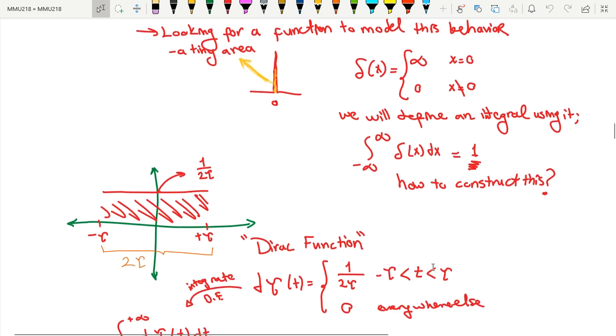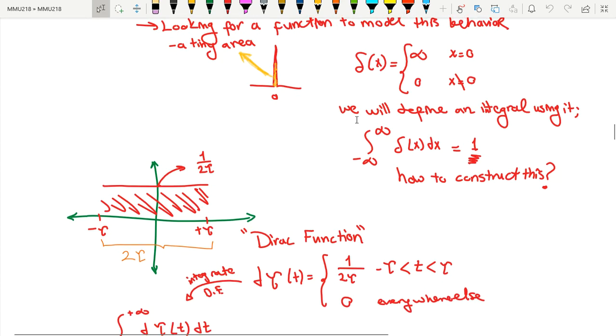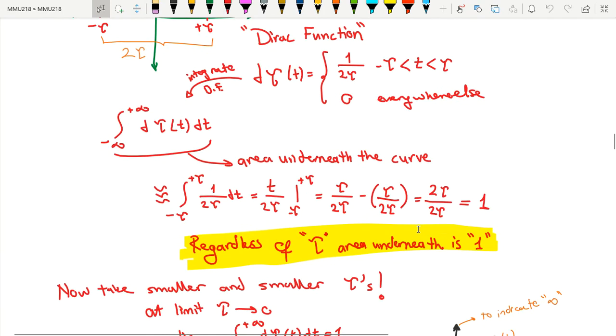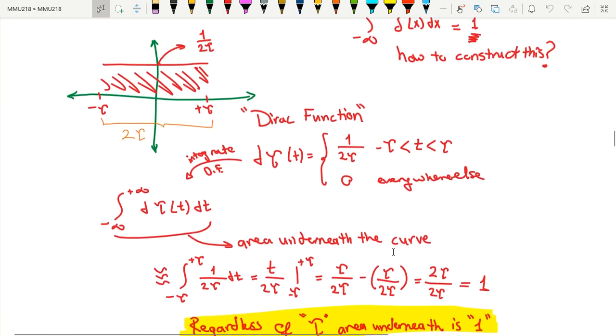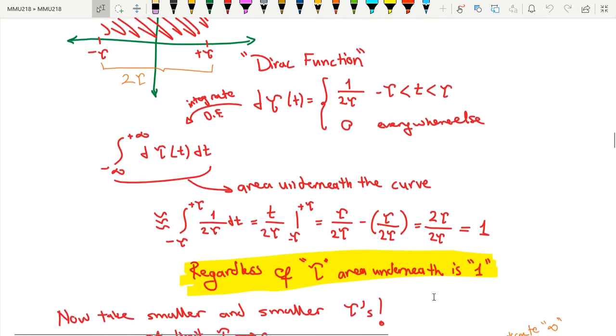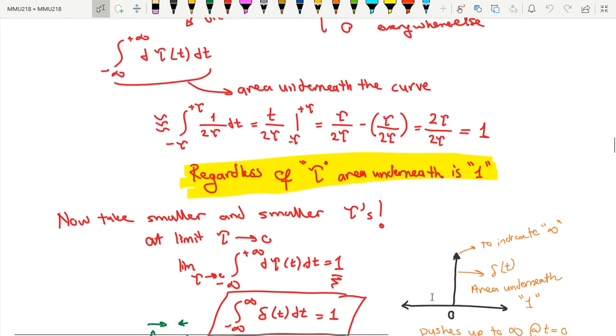So there might be some relationship between these two as well. Now, if I make this tau smaller and smaller and smaller, what's going to happen? Because I'm independent of tau, it will give an area that is still 1.